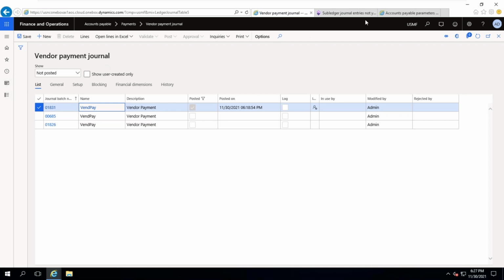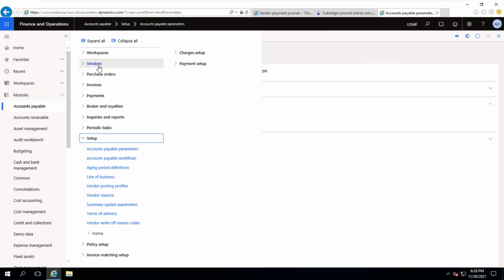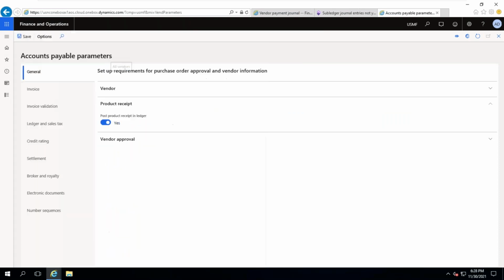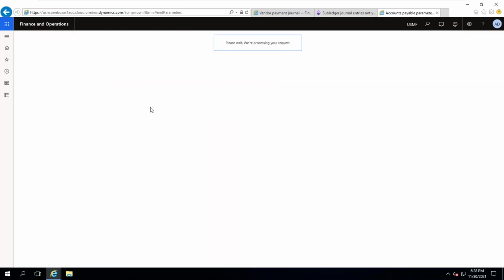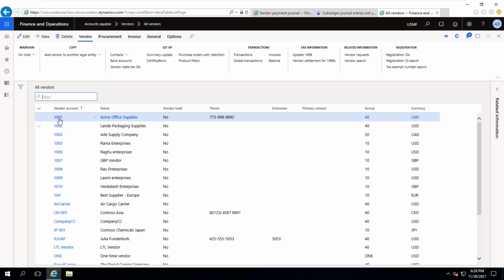Okay, you are talking about the vendor account, am I right? Let me go to the vendor account: Accounts payable, Vendors, All vendors. If I open a vendor account, on the purchase order fast tab there is a default warehouse, right?